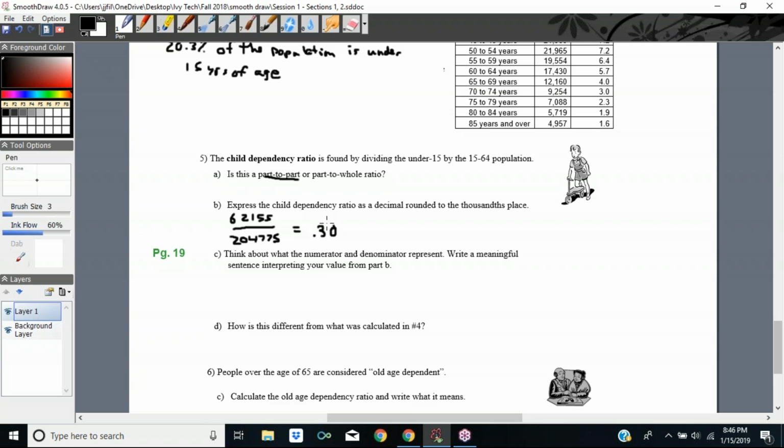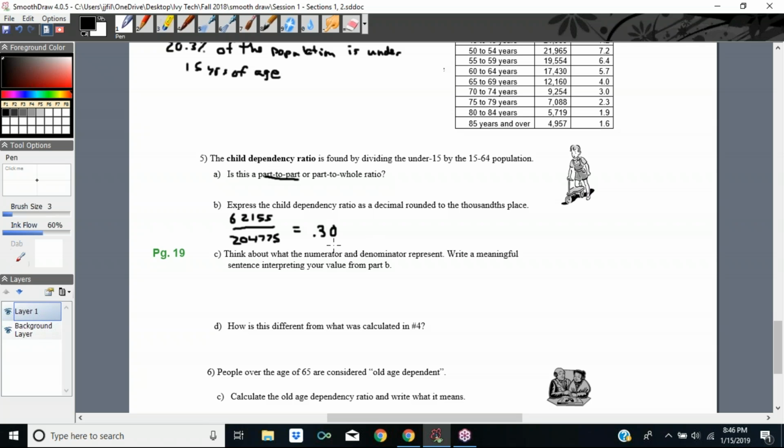All right, so let me put it in my calculator again. Calculator doesn't want to work. All right, so let me pop that in the calculator. 62,155 divided by 204,775.